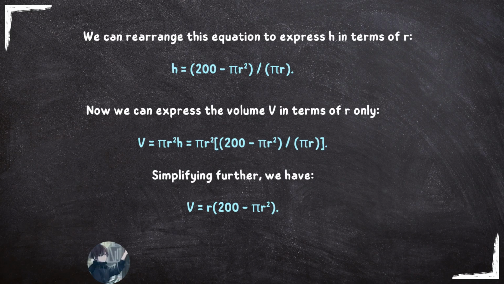Now we can express the volume V in terms of r only. V = πr²h = πr²(200 − πr²) / πr. By simplifying further, we have V = r(200 − πr²).